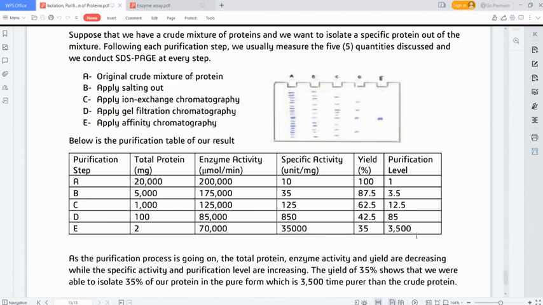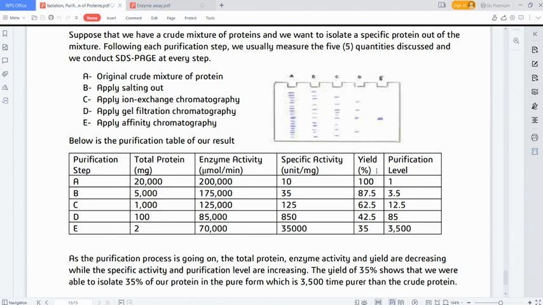What the yield does is to show you the amount of your protein of interest that is remaining at each purification step. So if the yield is going down, it gives you an idea that some of that protein is being removed.